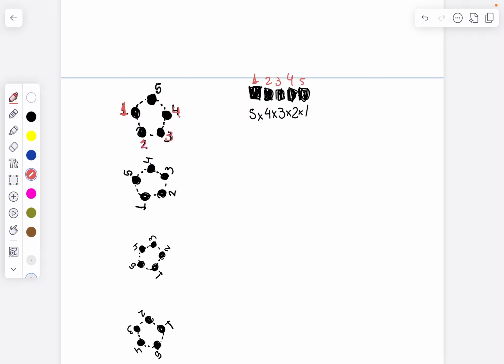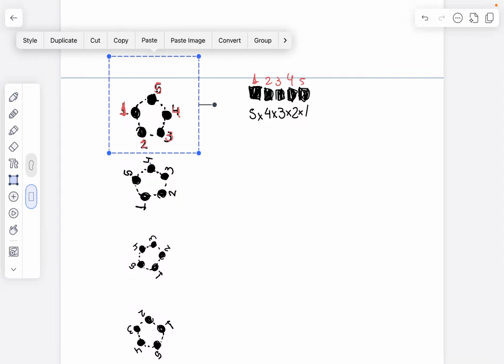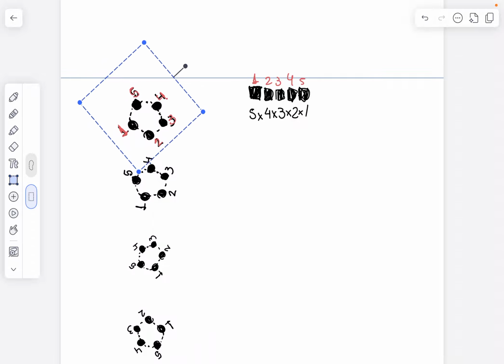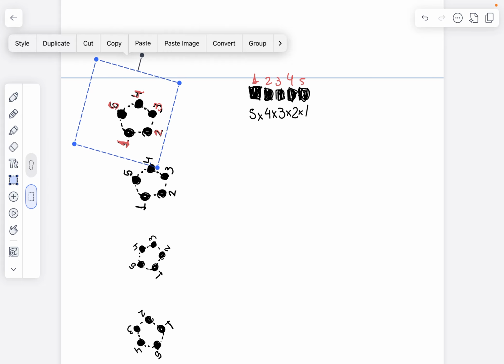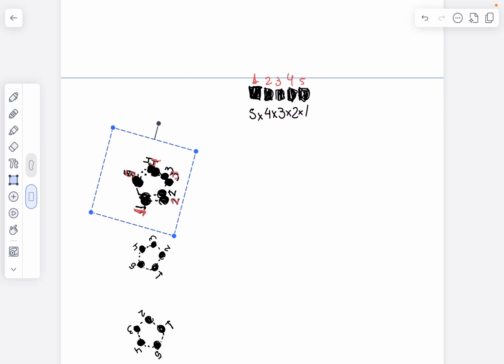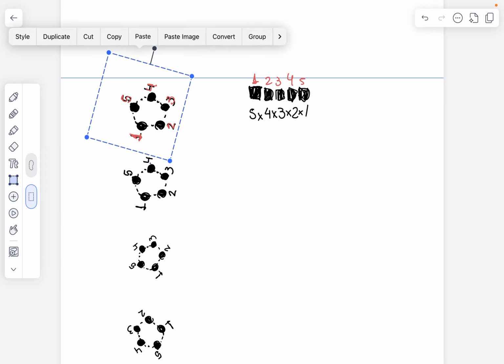So this is one possible configuration. If we rotate, meaning that person 5 goes to the left into person 1's seat and everyone goes to the left, it is still the same, right? So this is 1 step left.